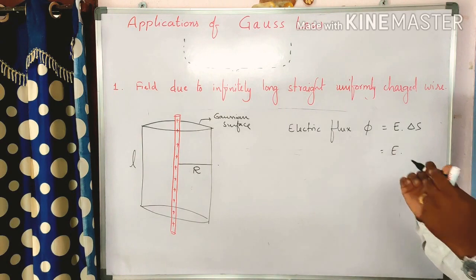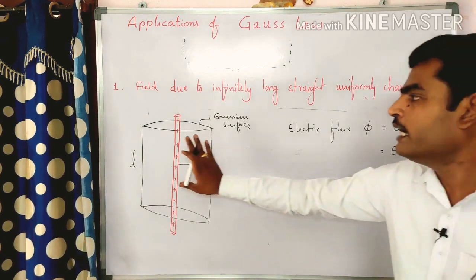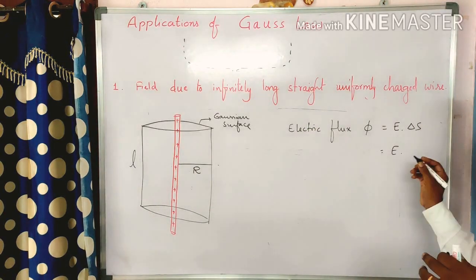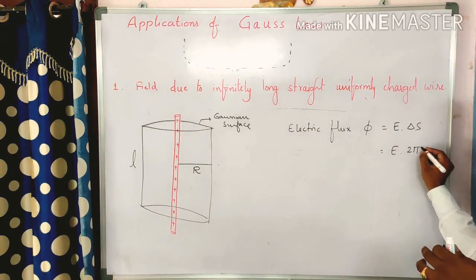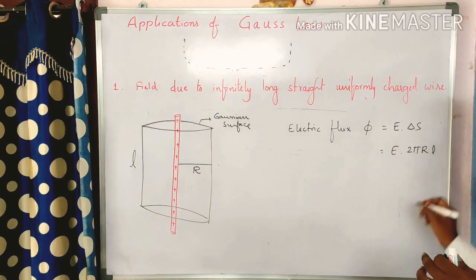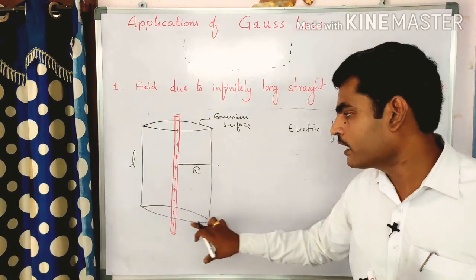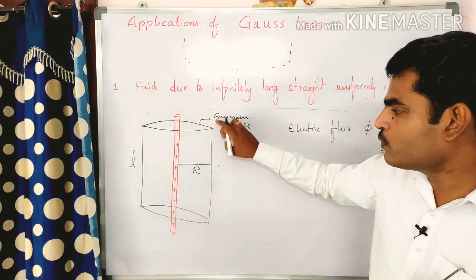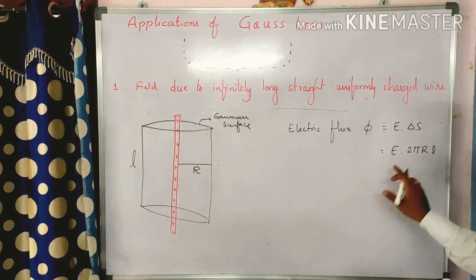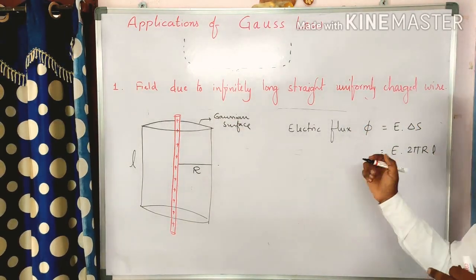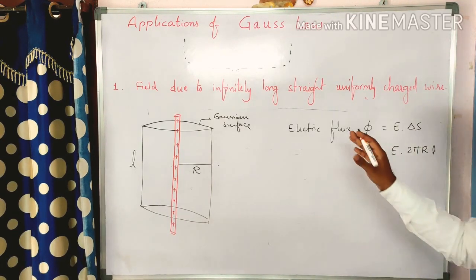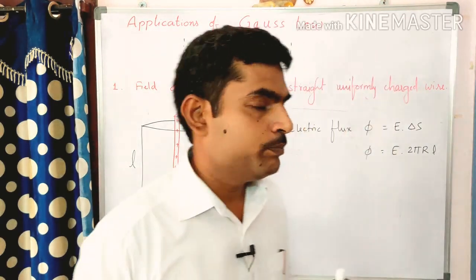Surface is its total lateral surface, so that is 2 pi r into L. 2 pi r is its circumference and L is the length. 2 pi r L is its surface area. So phi is equal to E into 2 pi r L. That is the electric flux formula.